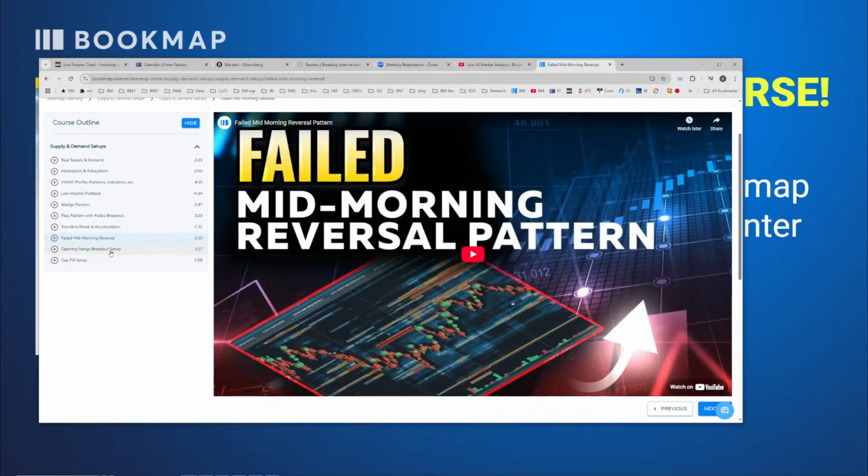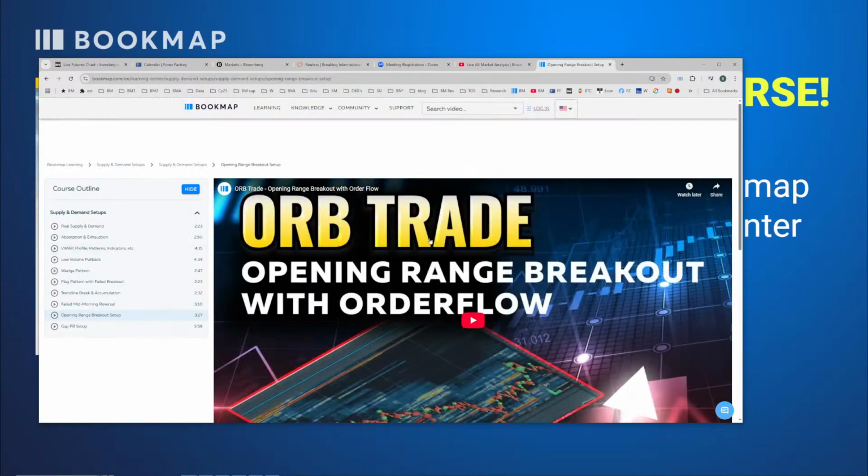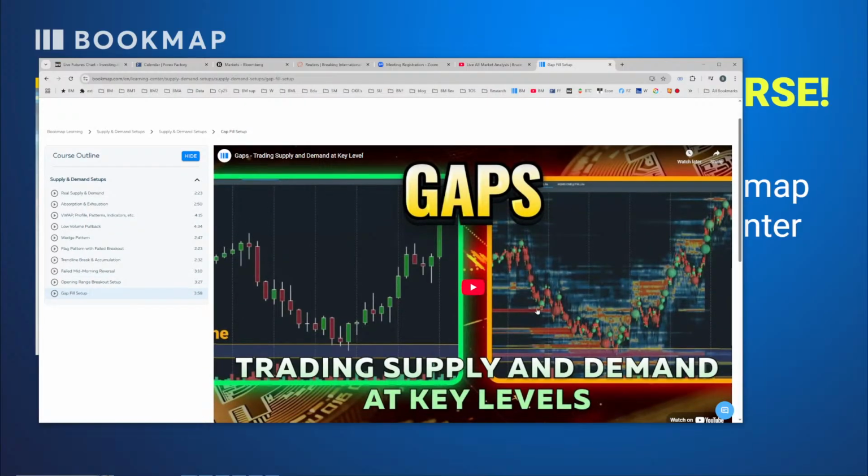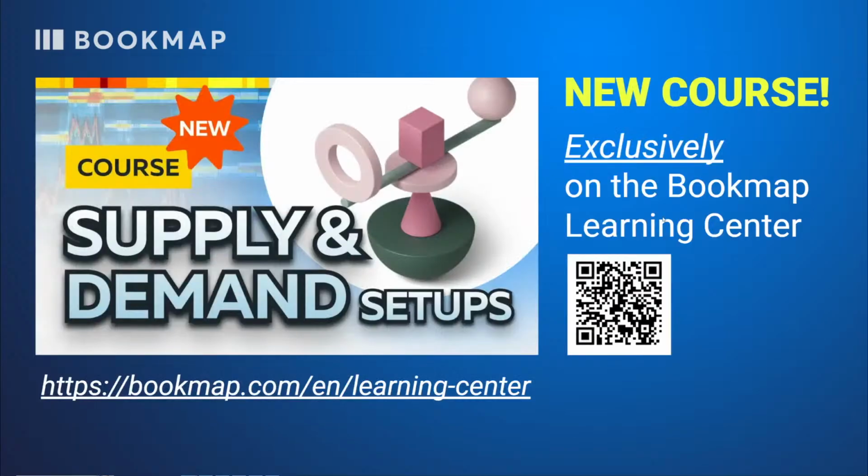We also have the opening range breakout trade, the ORB setup with order flow. All of these apply to supply and demand, understanding the limit sell orders or limit buy orders compared to the aggressors, the market buy and sell orders. We also have one here on gap fills. This actually is something I want to talk about today in the webinar. All right, so anyway, that's it.